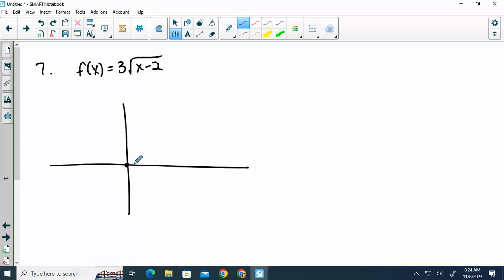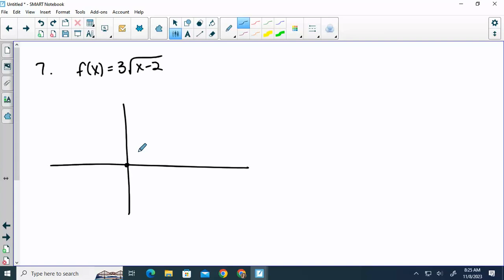So, parent function. Okay. So I expect the parent function with a minimum of 3 points.